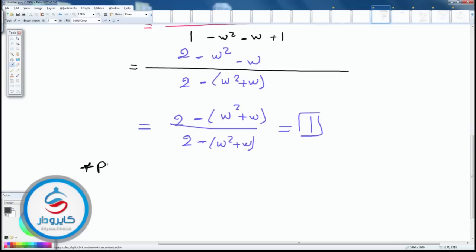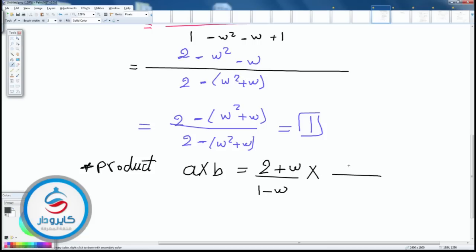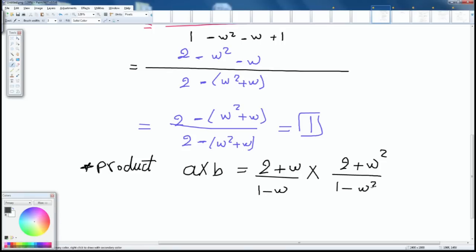Second, the product. A times B means 2 plus omega over 1 minus omega times 2 plus omega square over 1 minus omega square.